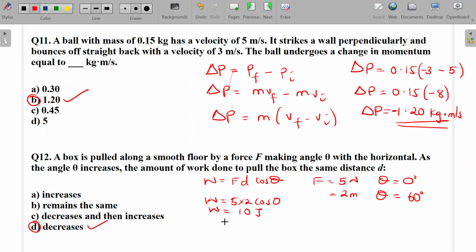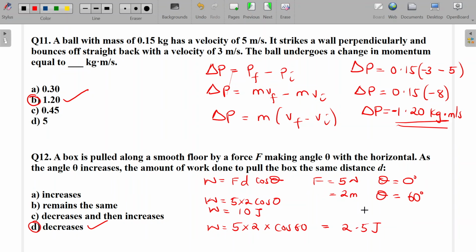Now what if I use 60? Work is equal to force, which is 5, times the distance, which is 2, times cos of the angle, 60. I am going to get 2.5 joules.